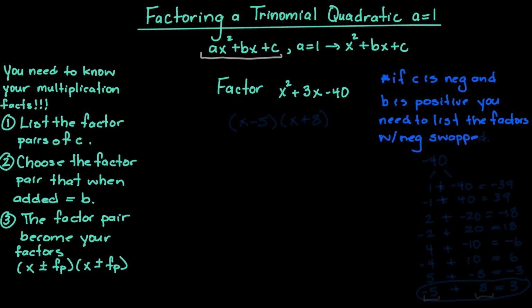Because again, if two numbers multiply to make a negative number, that means one is negative and one is positive, and we have to figure out which one correctly adds to B.